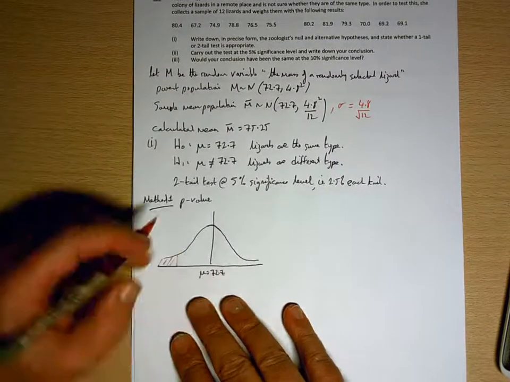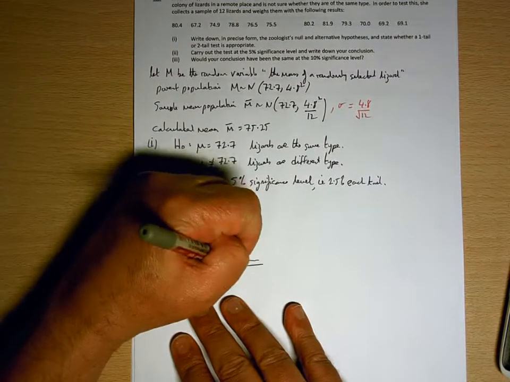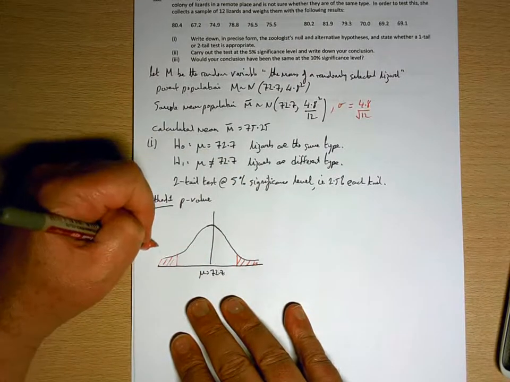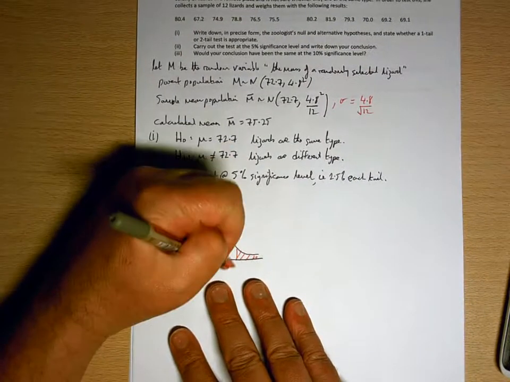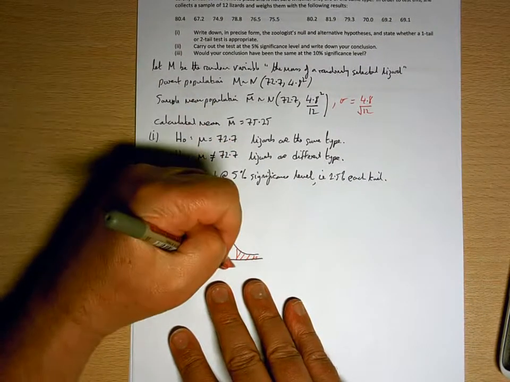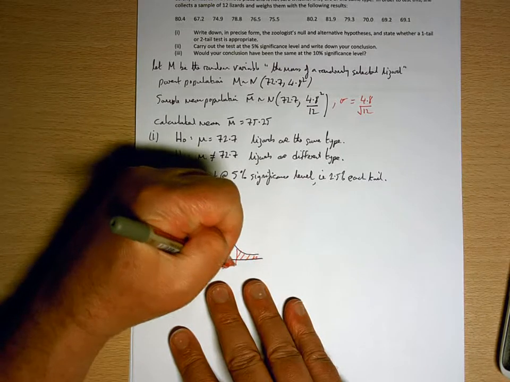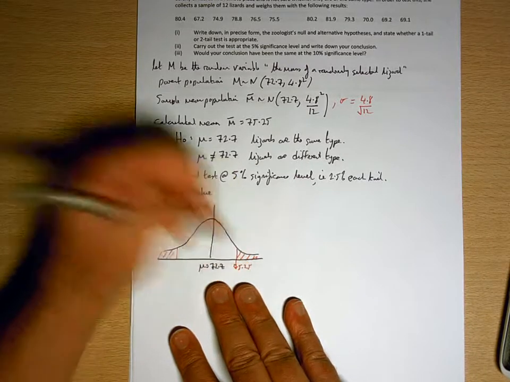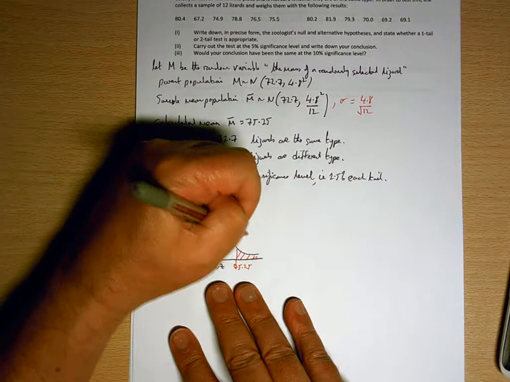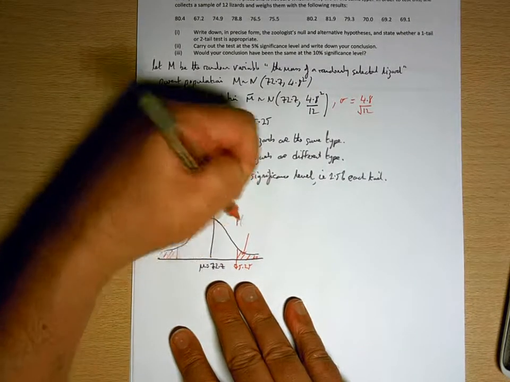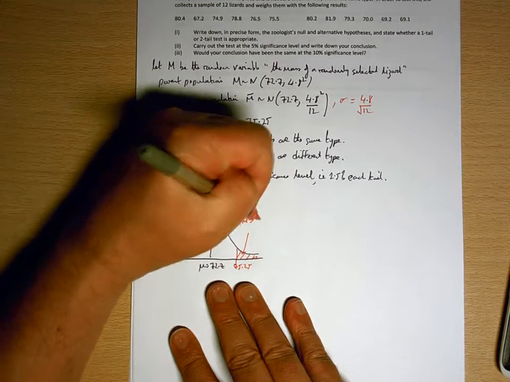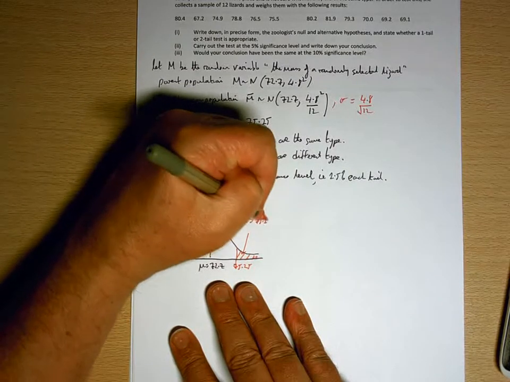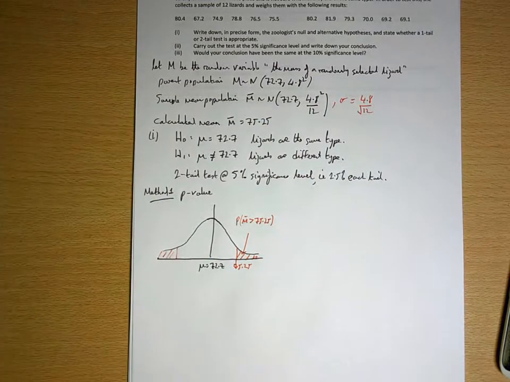Because the mean that we've calculated is up here. So that's one region, the lower region. This is the upper tail, and that's going to have a calculated mean of 75.25. And I want to know what the probability is of that mean being greater than 75.25.